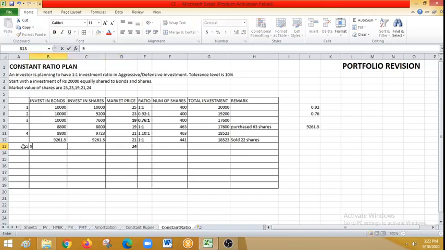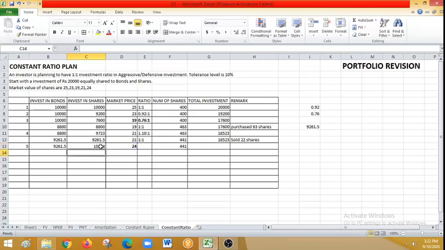Fine. So 9,261.5, same as earlier. Now you see here I have 441 shares. The price is 24, so investment in equity is the price of share multiplied by the number of shares I am holding.